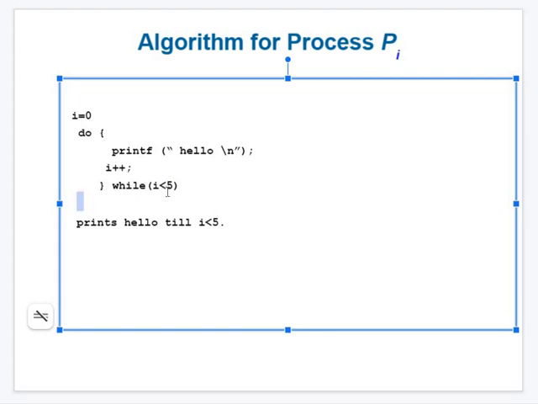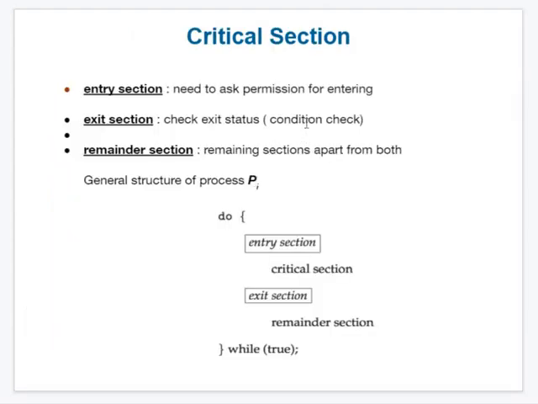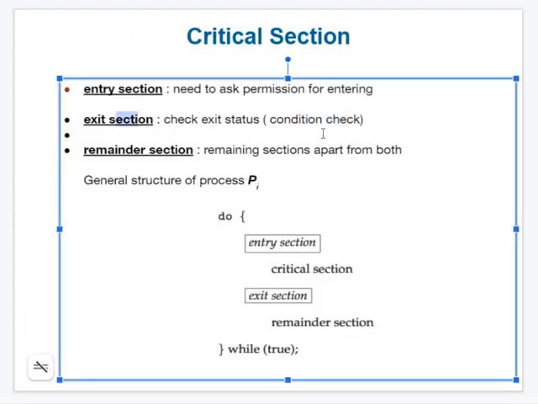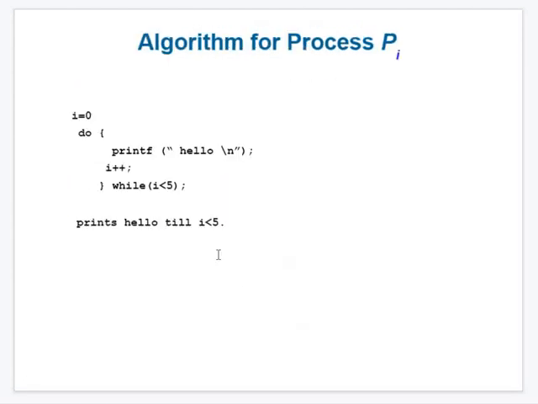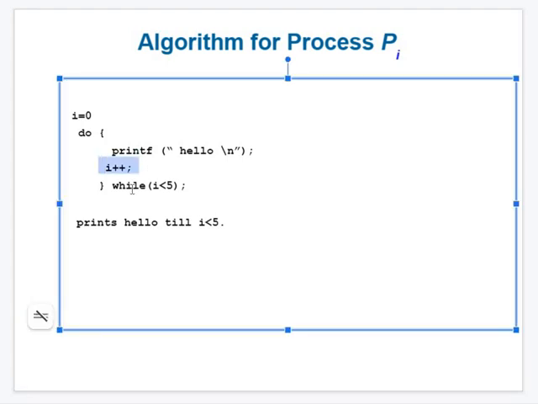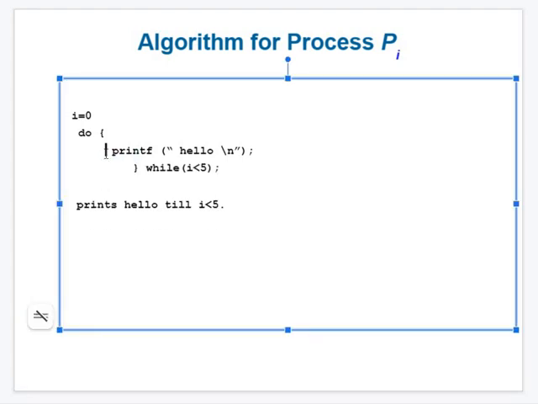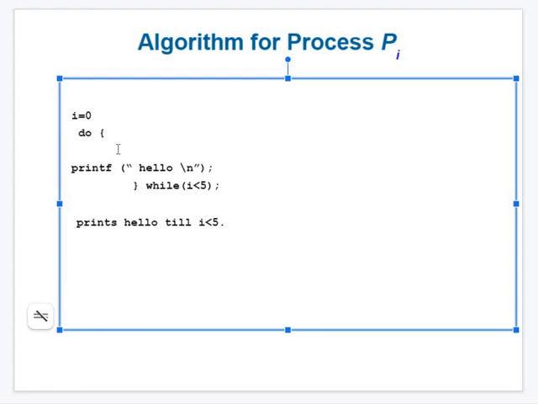Sorry, I forgot to put this. So if there is a condition check here, this part is the condition check for exit. Next, what is the condition check for this? I can do this for better understanding. If I place it here, hope you can understand a little more.